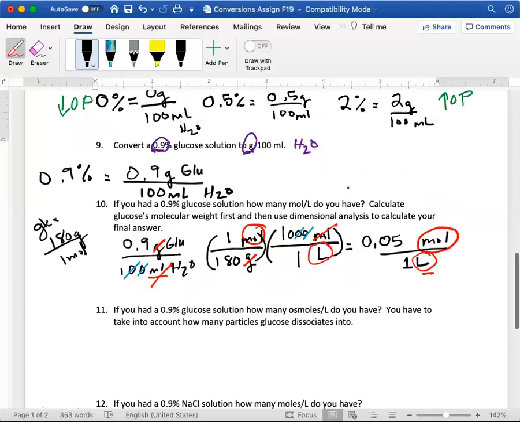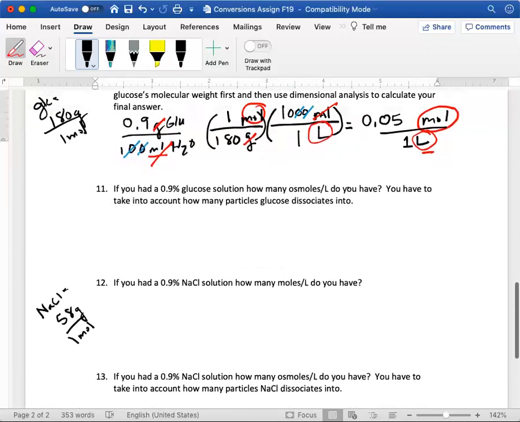What is a 2% solution going to give you? And you can make up solutions and do these calculations. You can start with any percentage. It doesn't matter. You can do 0.5, 0.9, 0.1, 1%, 2%, 5%, 10%, whatever, until you are confident that you know how to do this for the exam.